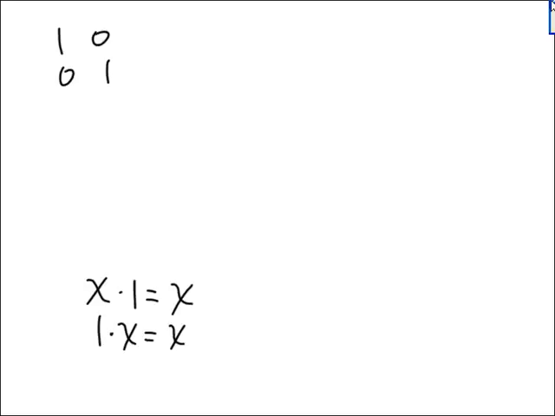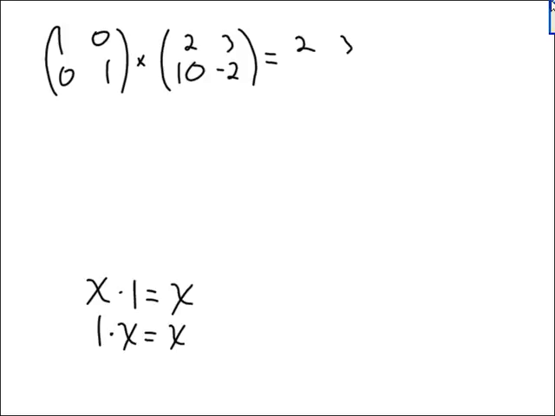If you take the 2 by 2 identity matrix and you multiply it with a 2 by 2 matrix, you will get back that 2 by 2 matrix.